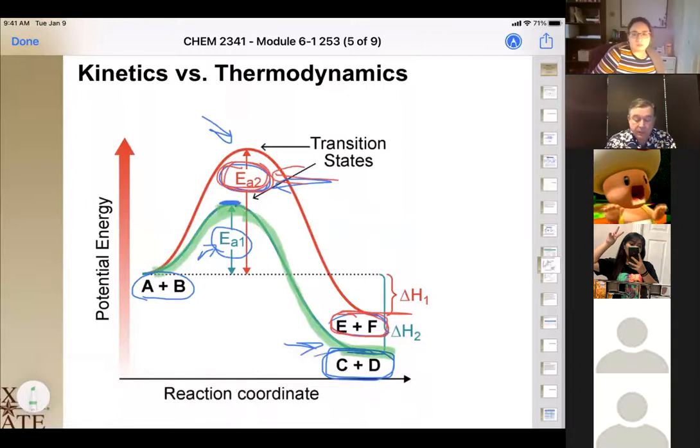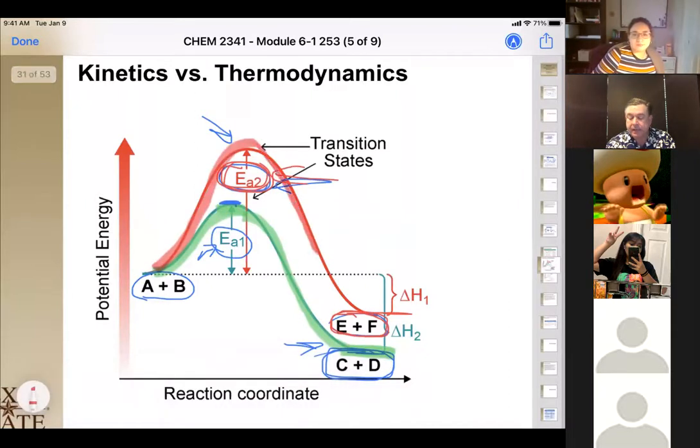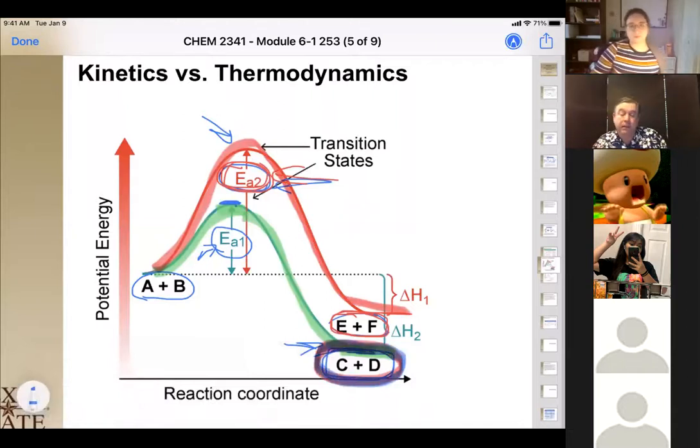Which means the red one here is kinetically not favored and thermodynamically not favored. So if you ran this reaction, you would get more of this set of products right here than the EF products because it's kinetically favored and thermodynamically favored.